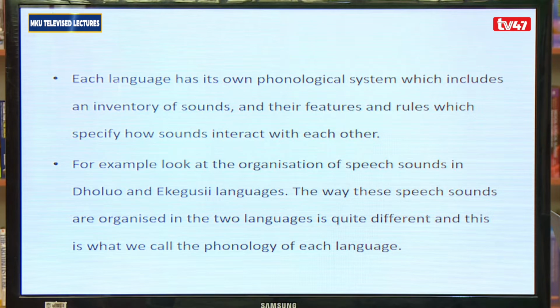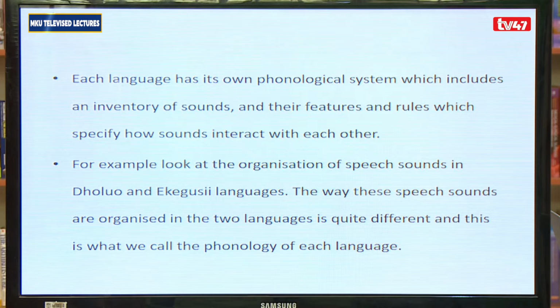So I will say that each language has its own phonological system, which includes an inventory of sounds and their features. And certainly, there are rules which specify how these sounds interact.